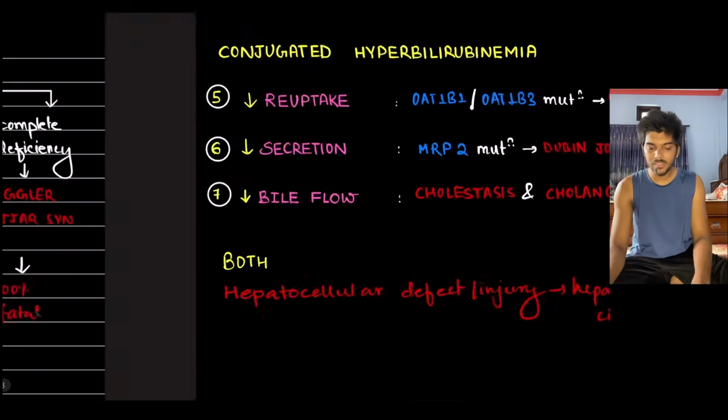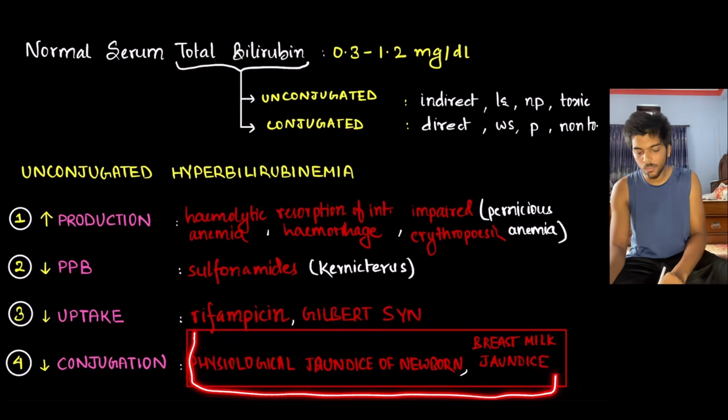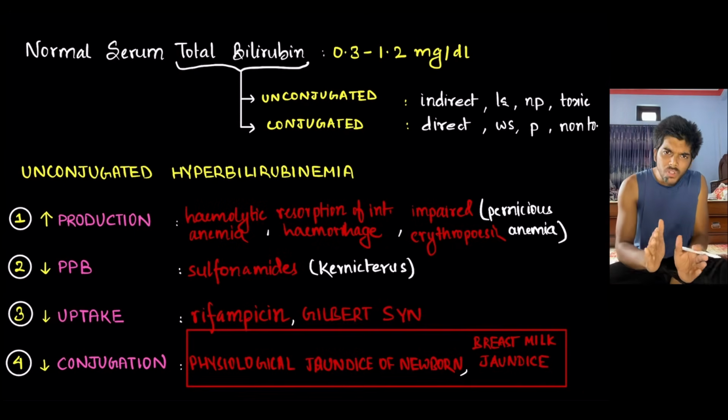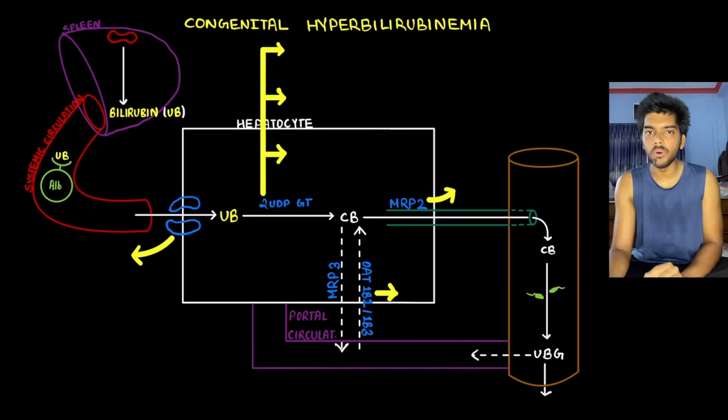There are a few topics remaining for which I have a different lecture. One is the physiological jaundice of newborn and breast milk jaundice, and then a short video on just the congenital hyperbilirubinemia. Now we know all the etiological factors responsible for hyperbilirubinemia. Let's quickly recap all the congenital hyperbilirubinemia.